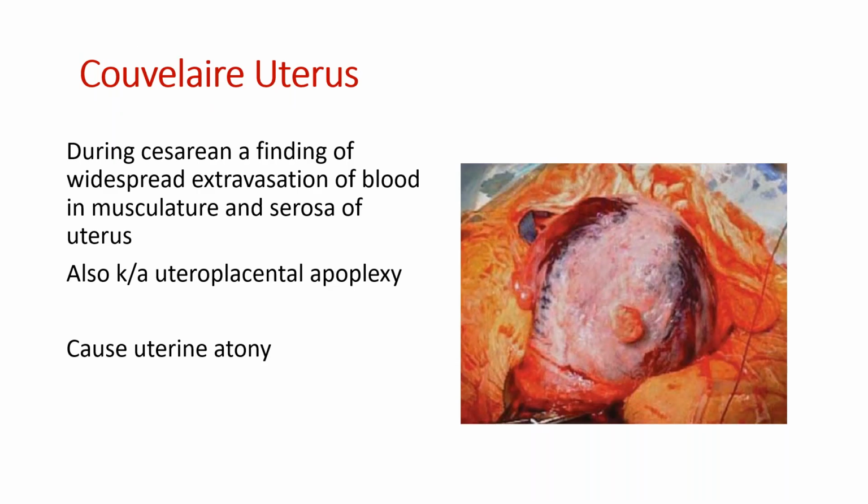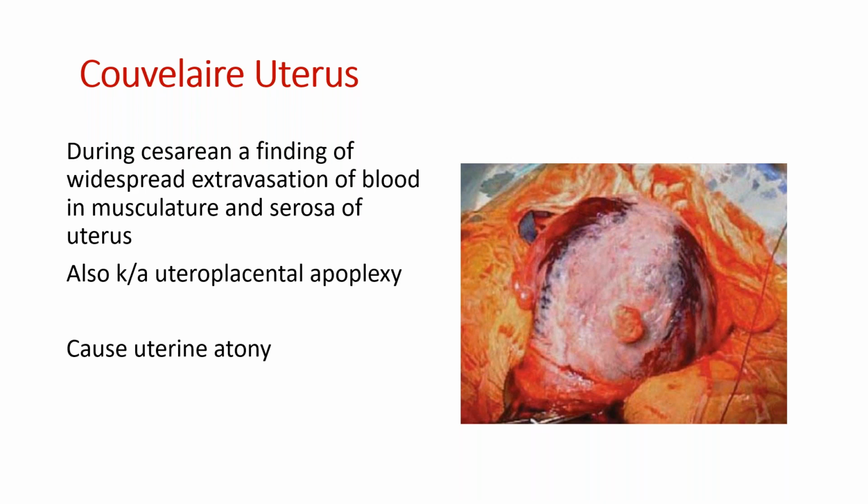Then Couvelaire uterus. You can see in the picture there is a bluish discoloration of the uterus or serosa. What happens in Couvelaire uterus is that during cesarean section you can find extravasation of blood in the musculature and the serosa of the uterus.